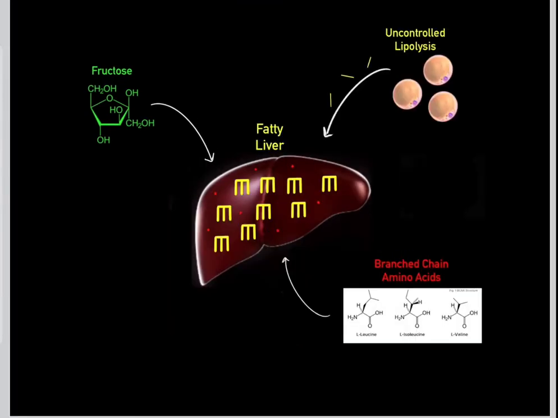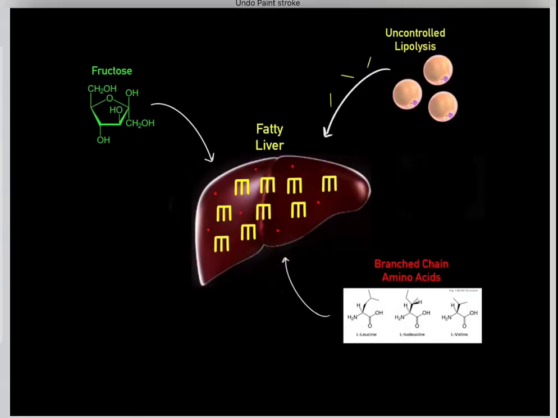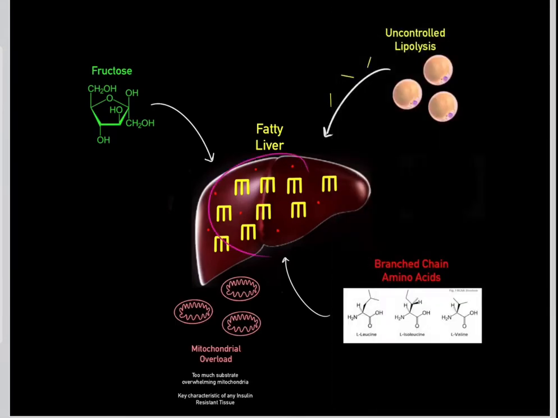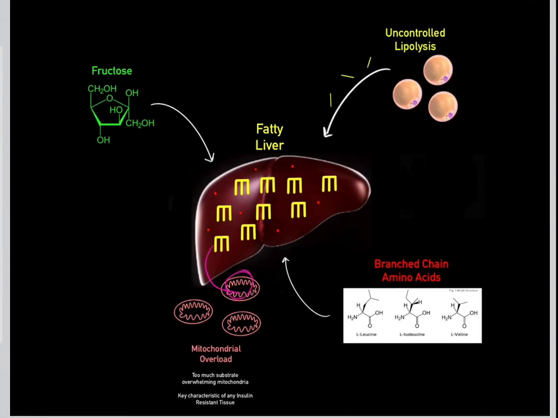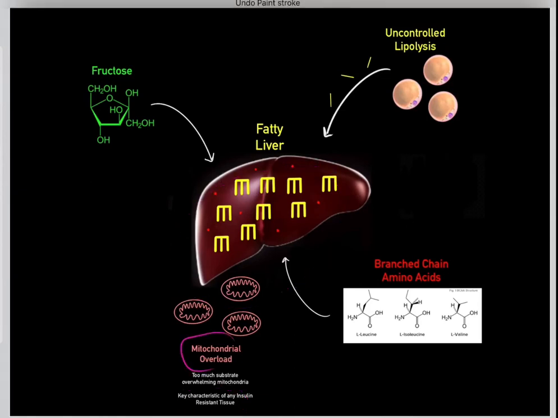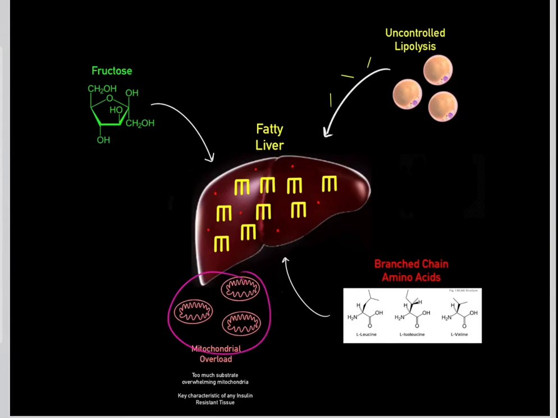So now the liver is left with all these triacylglycerides. But you might ask, why doesn't the liver just go through beta oxidation? Why doesn't it take these triacylglycerides and the free fatty acids and oxidize them through beta oxidation? Well, a key characteristic of insulin resistance in any tissue is mitochondrial overload, where these mitochondria are essentially overloaded with substrate.